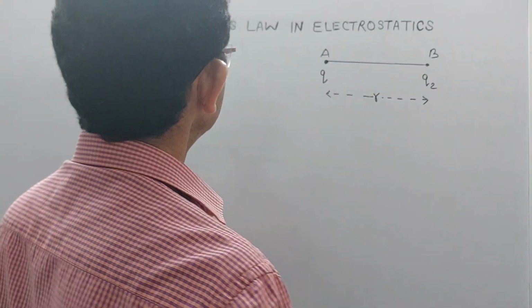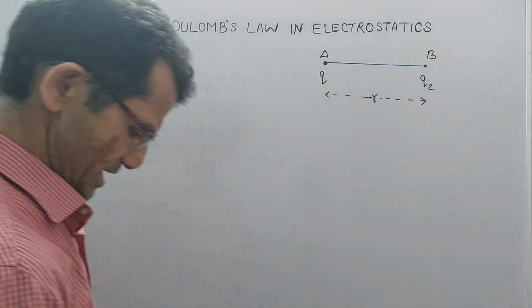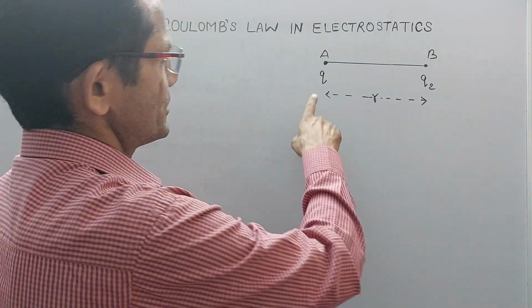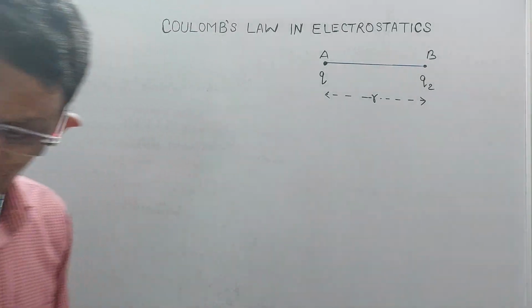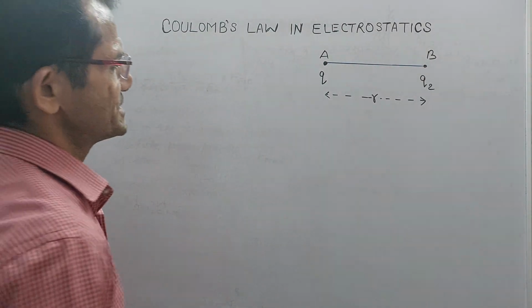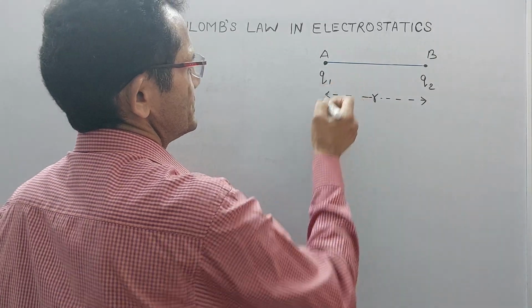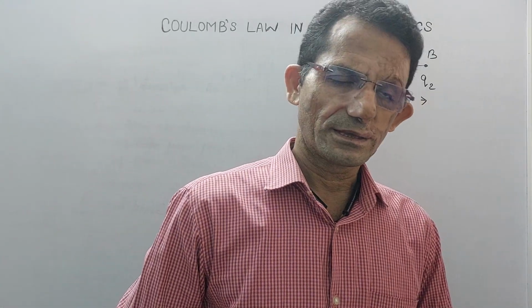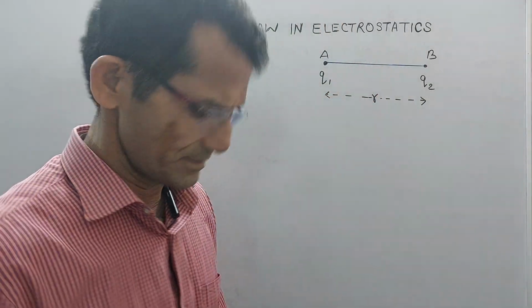So we have Coulomb's law in electrostatics. When two charges Q1 and Q2 are placed at some distance, there is some force acting between them. The force can be either attractive or repulsive.